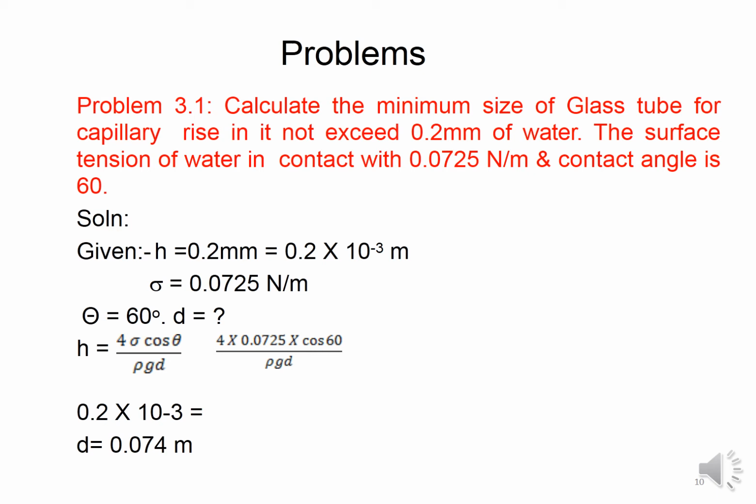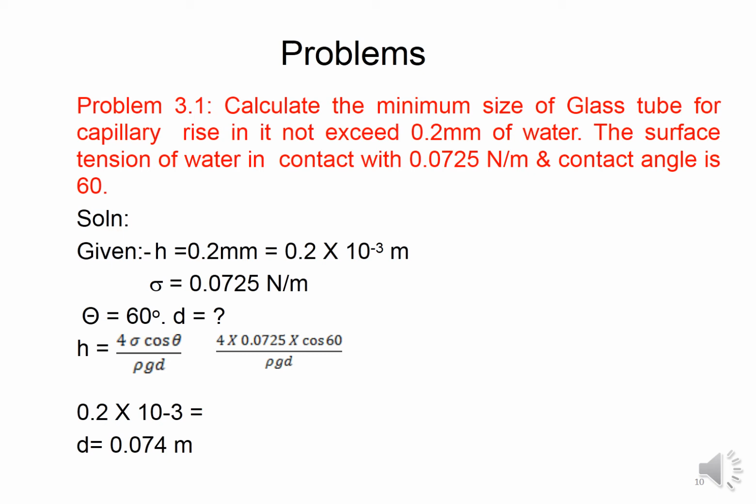So how much height rise is 0.2 mm. You can convert it into meters: 0.2 into 10 raised to minus 3 meter. And stress, that is surface tension, is given as 0.0725 Newton per meter. Theta is 60. He is calculating the minimum size of the glass tube. So we know the equation, h is equal to 4 sigma cos theta by rho g d.